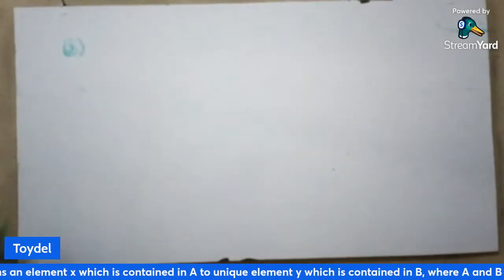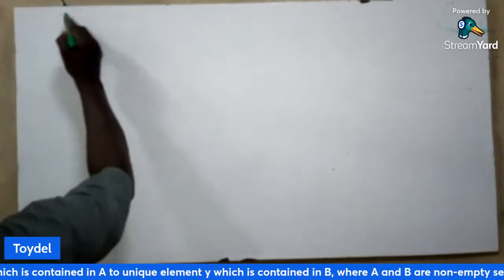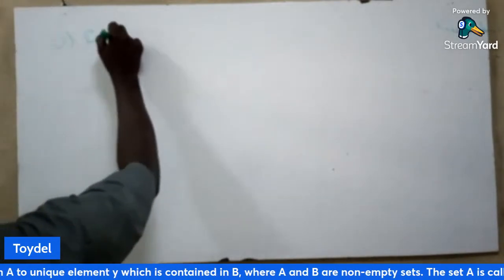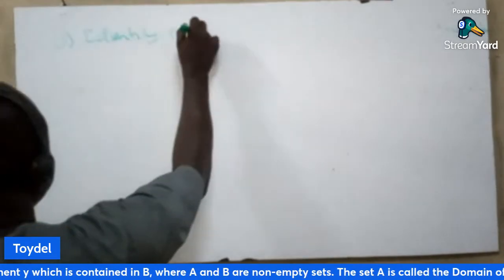In case of identity mapping, that's the first one. Identity mapping.